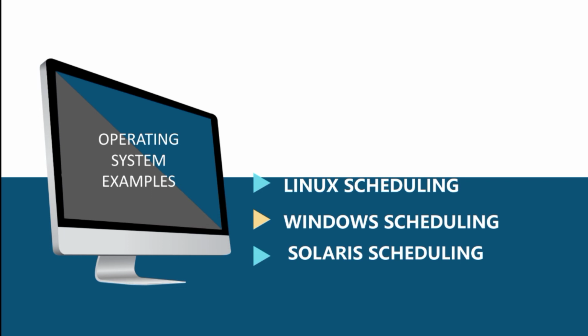The difference, I think, between Linux scheduling and Windows scheduling is that Windows is located in personal computers nowadays, and Linux can be used, I think, for complex programs. And then the Solaris scheduling is used in the Oracle operating system, and that is what we call Solaris scheduling.